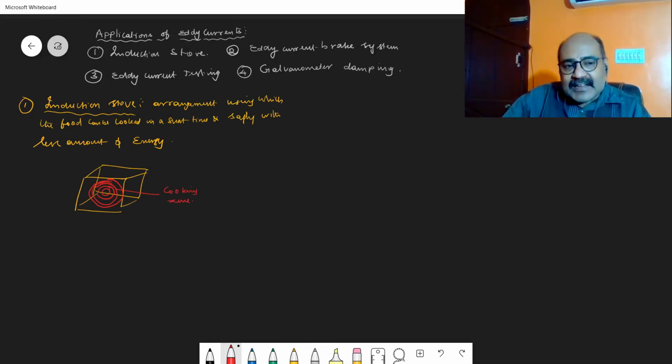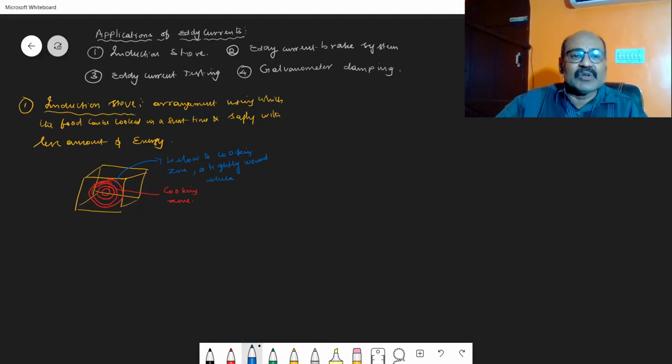Below the cooking zone, you will have a coil of wire which is tightly wound, a tightly wound insulated coil.